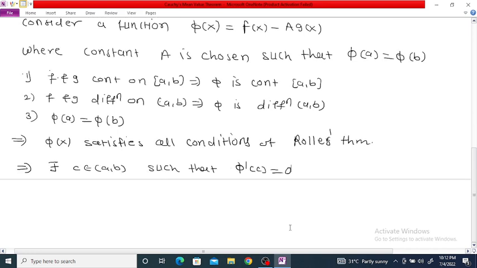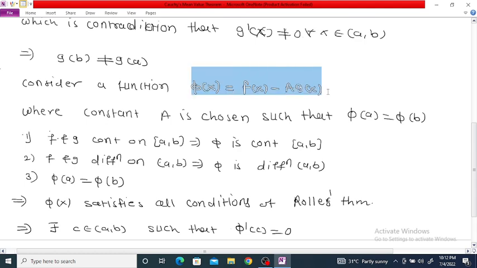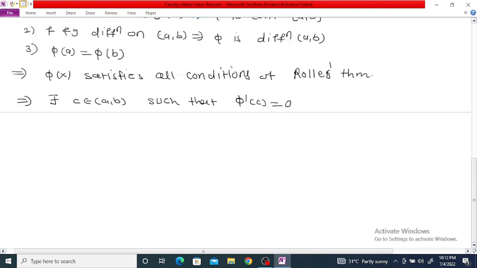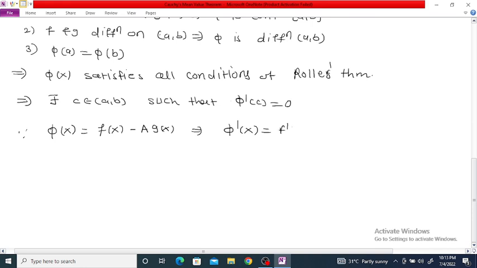So now what is phi of x here? Phi of x is equal to f of x minus a times g of x. Since phi of x is equal to f of x minus a g of x, this implies phi dash of x is equal to f dash x minus a times g dash of x. Here in place of x, if we put c, then phi dash c equal to 0 implies f dash c minus a times g dash c equal to 0.